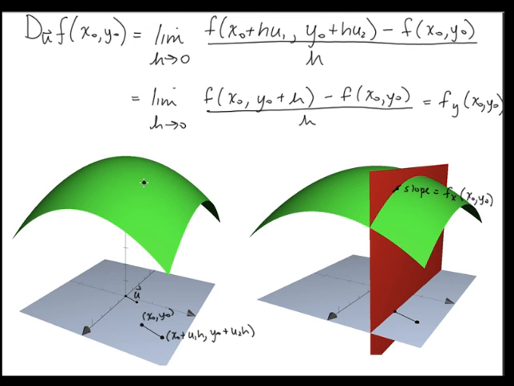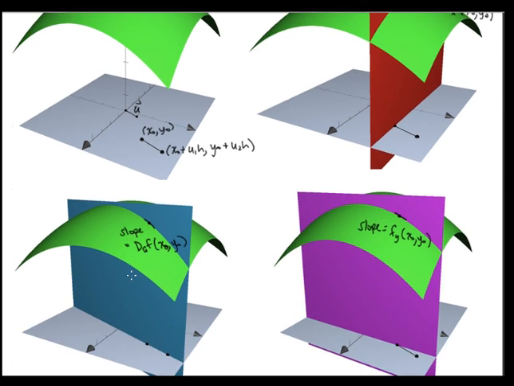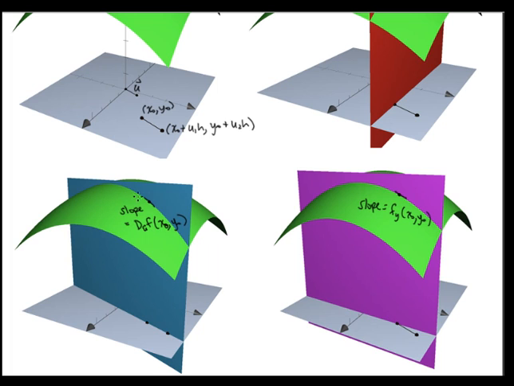When we're talking about the directional derivative, we're talking about the plane through x naught, y naught in direction of u. So it's this plane here, intersecting that plane with the surface and taking the slope along that curve. That slope is the directional derivative of f in direction u at x naught, y naught.